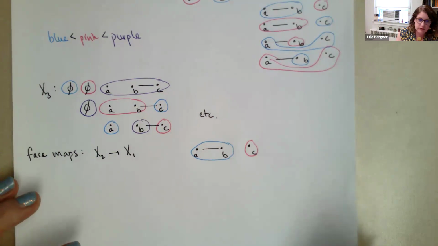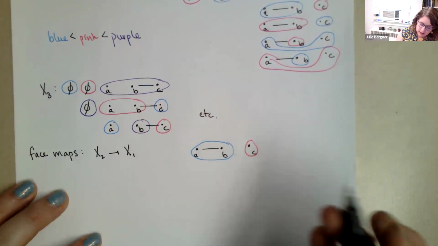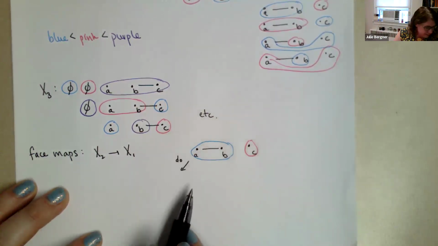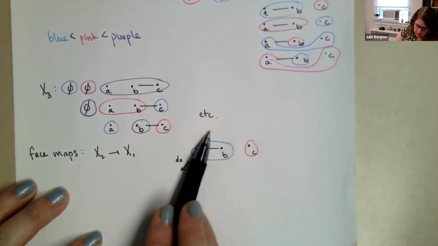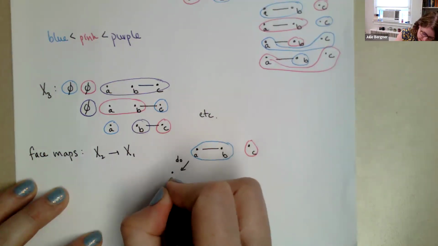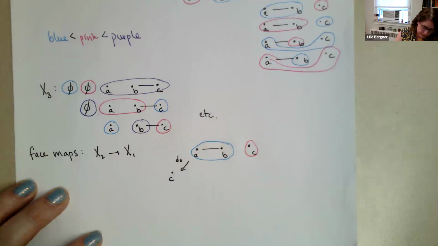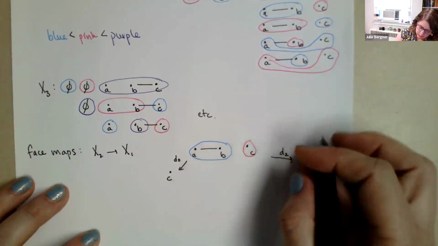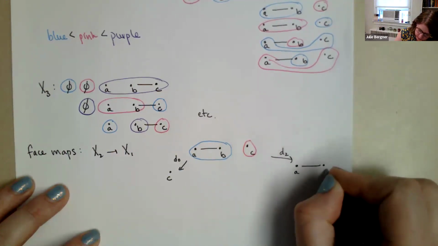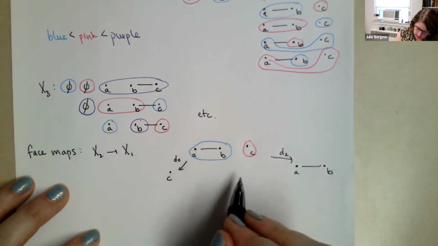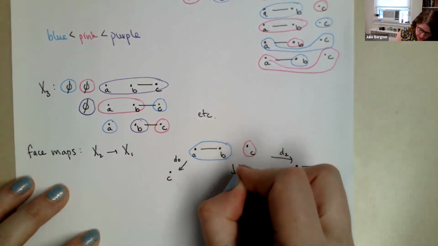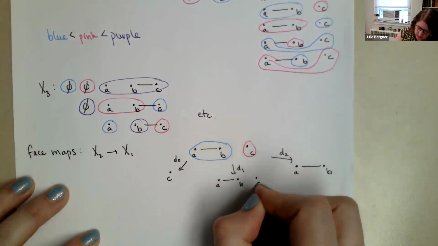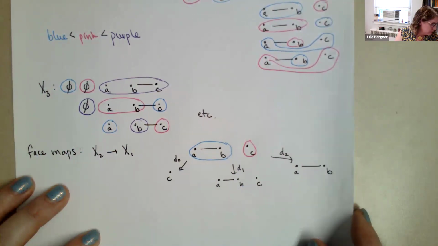Because we have an ordering, we do the usual things. So D0 would say, just leave off the first part of the partition. The first part is the blue part, so we're just left with the pink part. We'll get that subgraph. D2, we leave off the second thing, so we're just left with the subgraph that's circled in blue. And then D1, you just merge them. And so you just forget about the partition in this case, and you just get this subgraph.